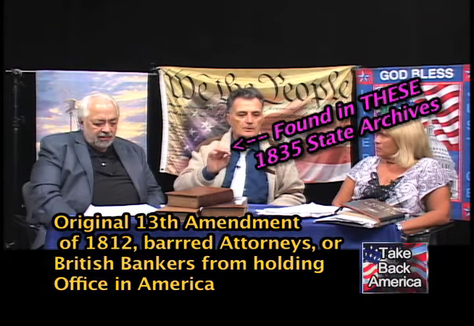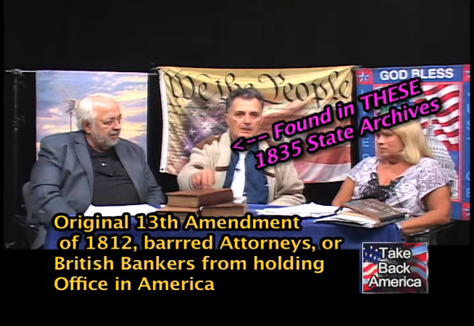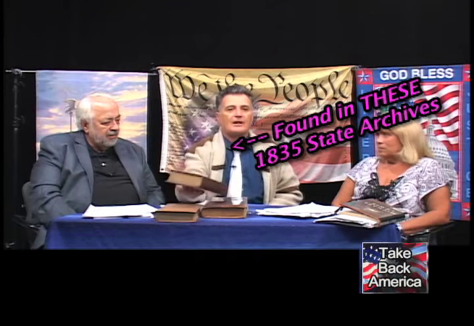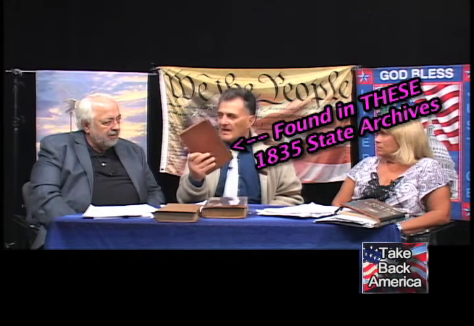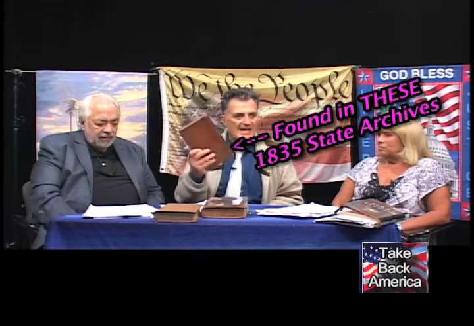They also went to burn first the printing office, because they were still printing copies of this original 13th Amendment and sending it out. But they forgot that every state had their own archives, because every state considered themselves an independent nation just joining with this federation.